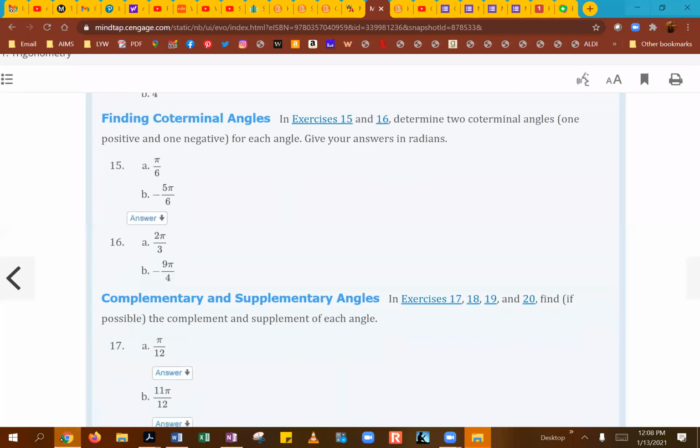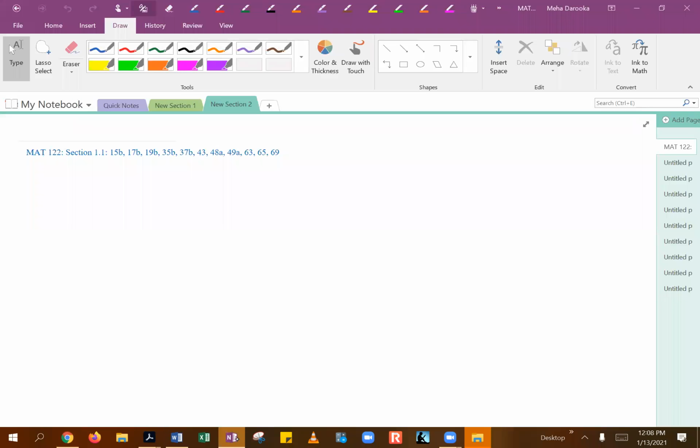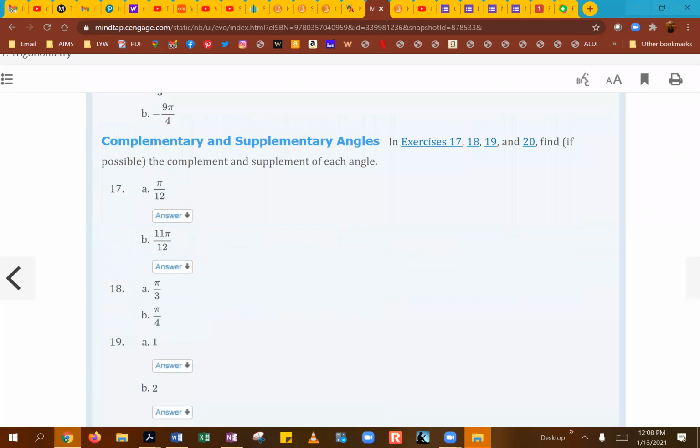So again, just as an example, what did I have? 17b. Let's take a look at this one over here.